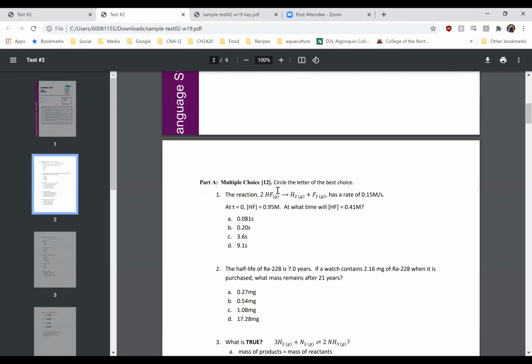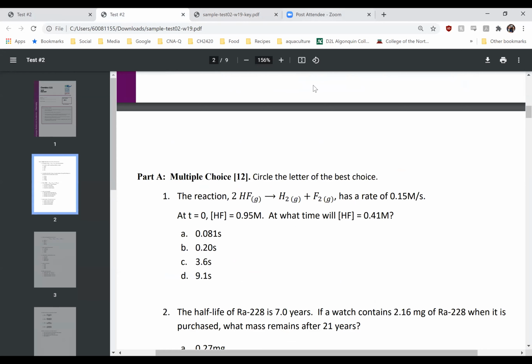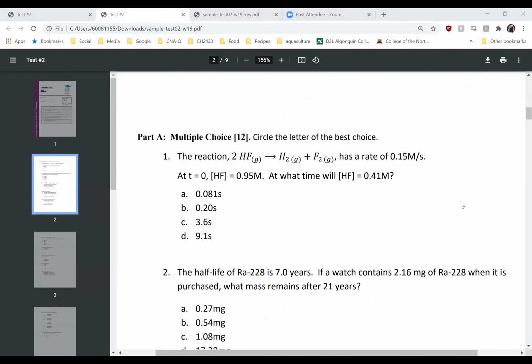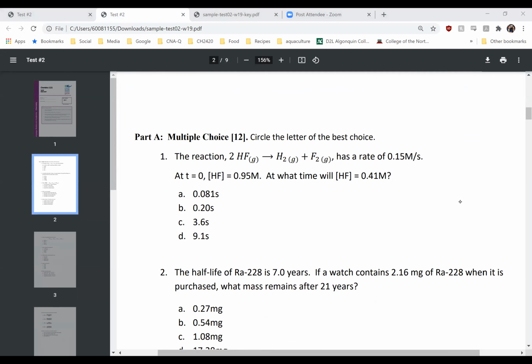There we go. Okay. So this question, the reaction here, I don't know if I can write on this. That's what I was just trying to do, but I'm going to have to do it the old school way. Here's my reaction. Here's my initial rate. Here's my time. And here are my concentrations.